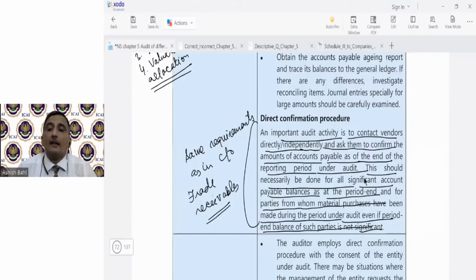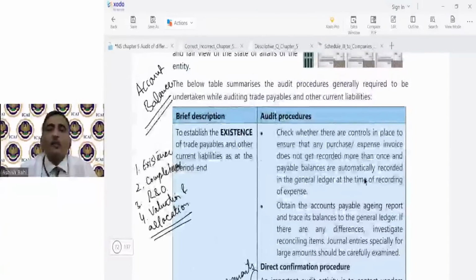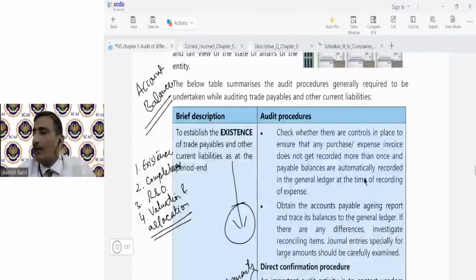This would help in establishing the existence of these trade payables in the first place. So these kinds of procedures help the auditor to verify the existence assertion of trade payables.